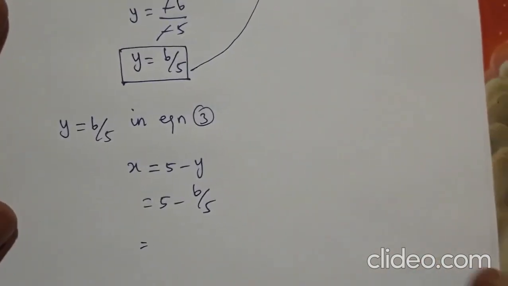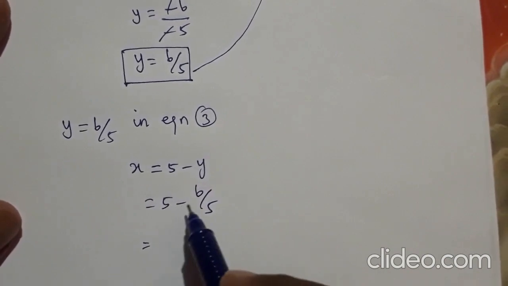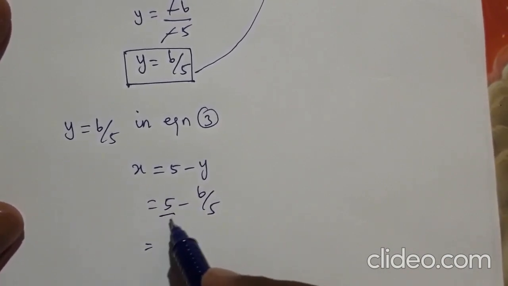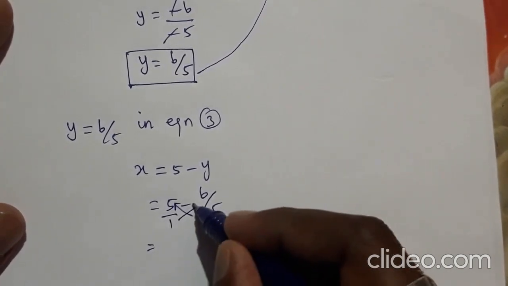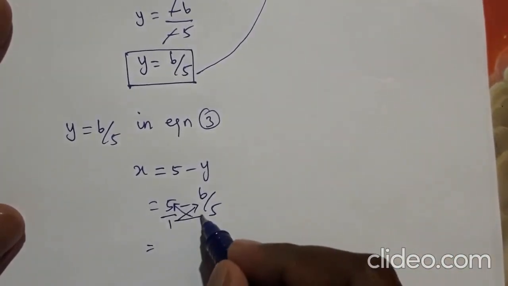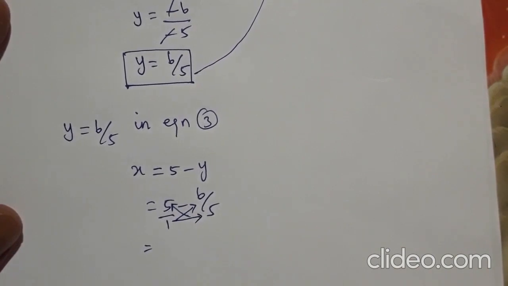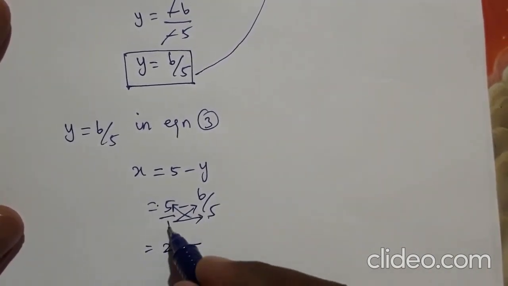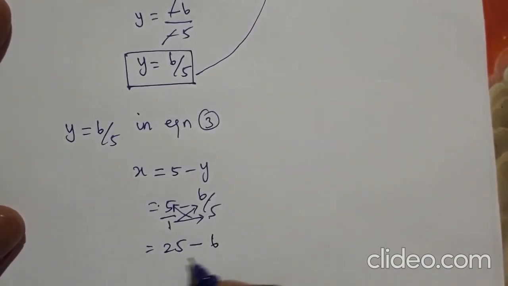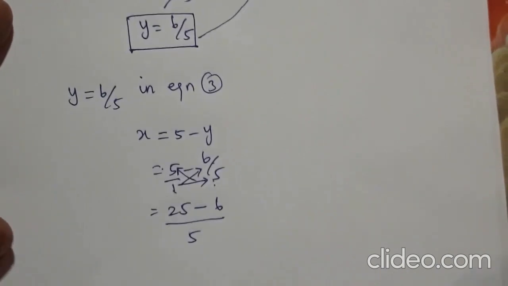So what you will get? To subtract we should take LCM because denominator different. So just do cross multiplication. If we don't know the LCM, just do cross multiplication. 5 5s are 25 minus 1 into 6, 1 into 5, 5. So this is like LCM only.